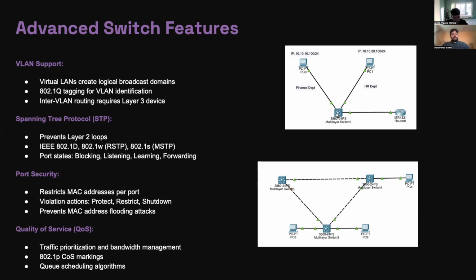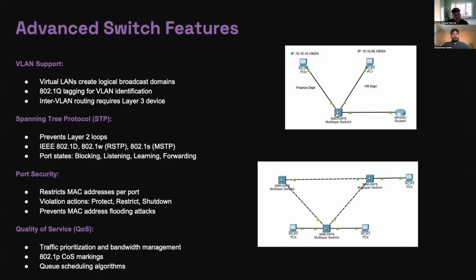As for the port states, you have blocking, listening, learning, and forwarding. As Carlos mentioned, this whole process can take up to 50 seconds, or 30 seconds I believe, in the legacy version. But if you enable PortFast on, let's say, the user-facing port, it can be reduced significantly.